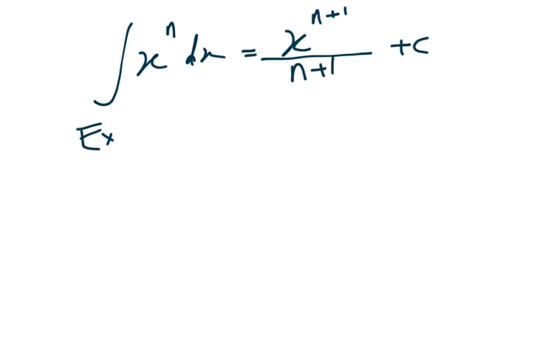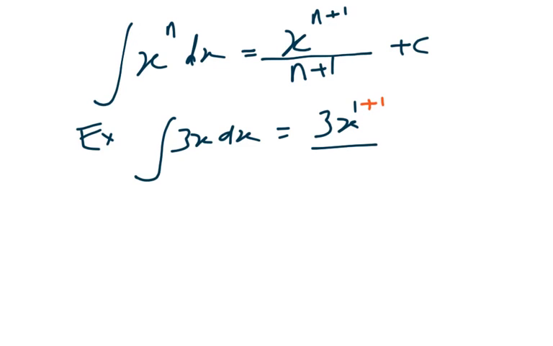For example, if you're given the integration of 3x with respect to x, you will be able to get 3x to the power of 1 plus 1. Okay? Then divide by the sum of the power, which is equivalent to 2. Lastly, please don't forget the plus c. So hence, your answer will be 3x to the power of 2 over 2 plus c.